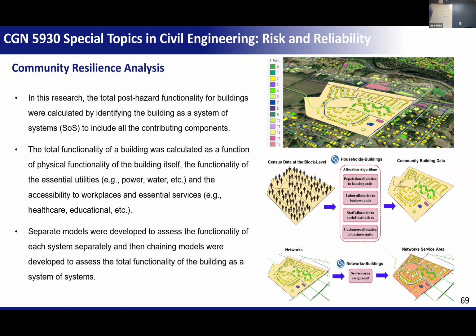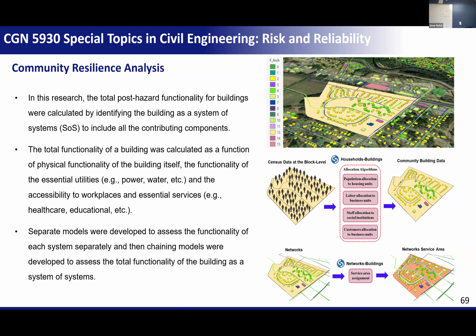Let's say we have a map of all the buildings within the community, a map of the transportation network, a map of the power network, where the power lines are, and the same with the water network, a map of the water lines. Somehow I can link every building to a node on the network. I will try, by an algorithm, to connect this building to the closest node on this network.